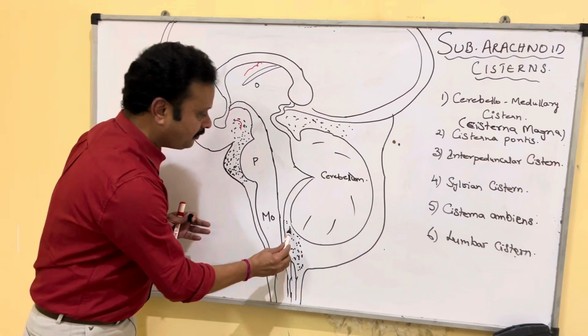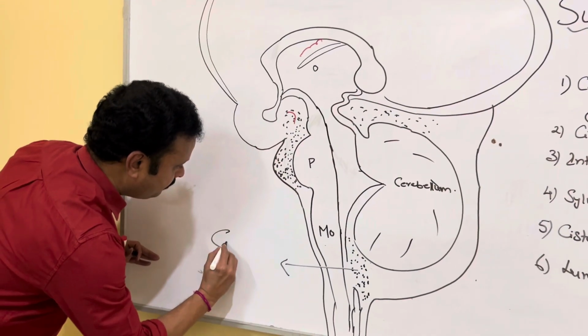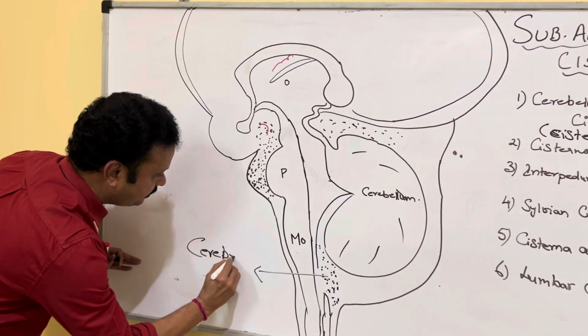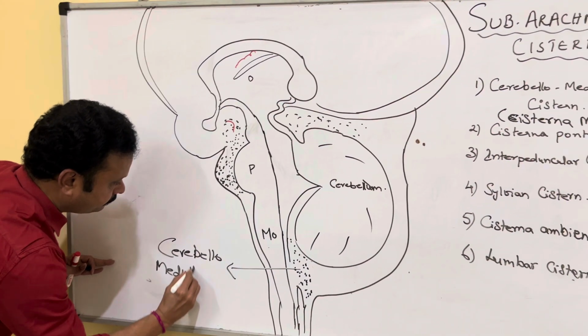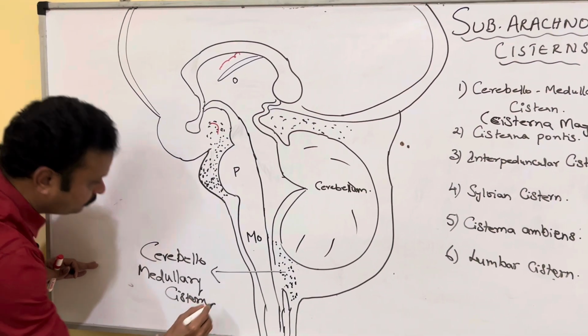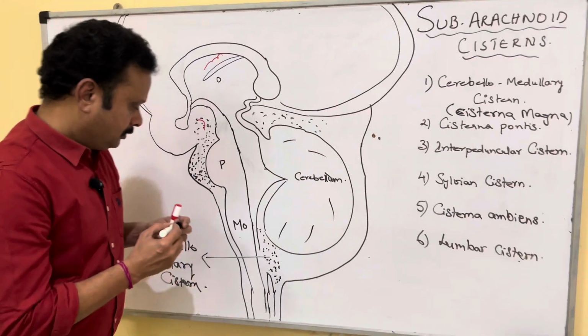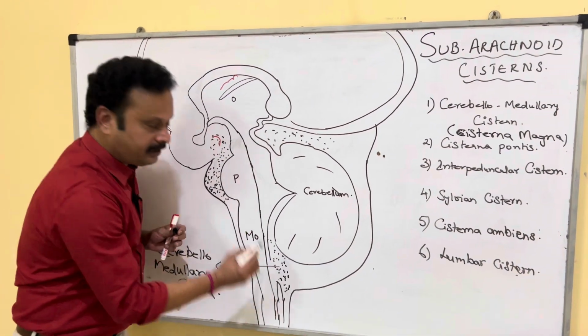So, that cistern we call the cerebello-medullary cistern or cisterna magna. Clear? On sagittal section, it is somewhat triangular in shape.